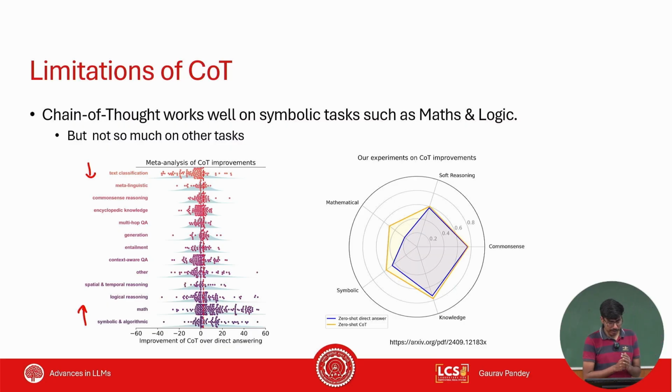These points are basically the points of the data set. For how many of them the performance improved, those will be in positive, and for how many of them the performance decreased, those will be in the negative. So for these cases chain of thought reduces performance, and for these cases chain of thought improves performance.